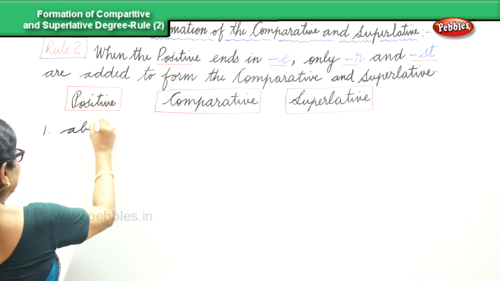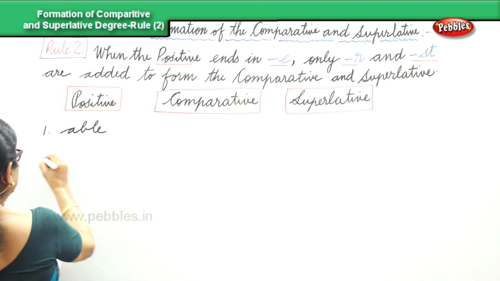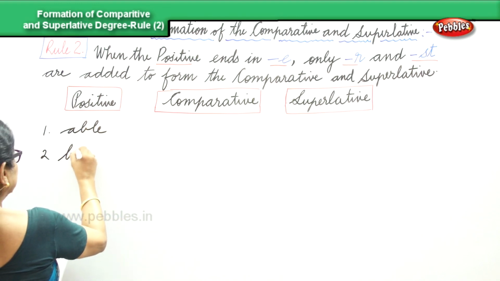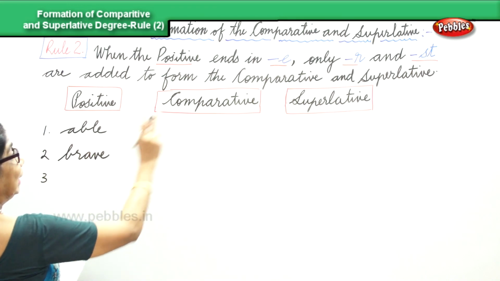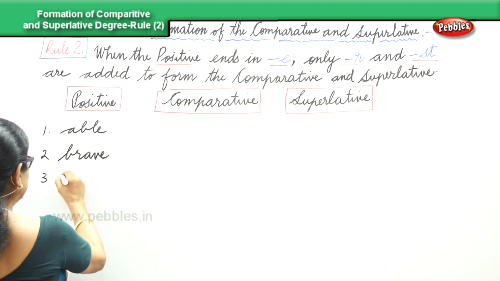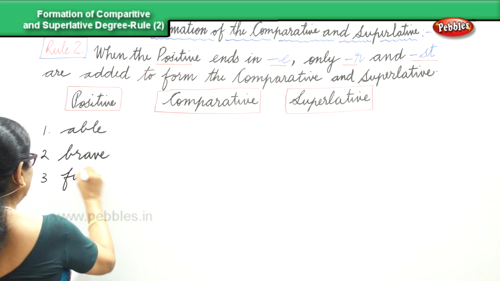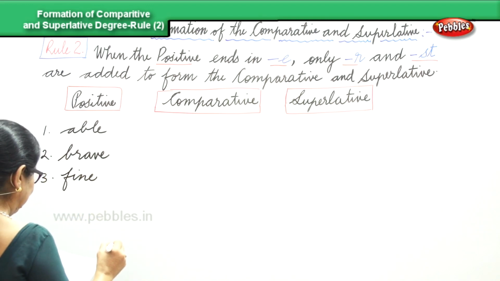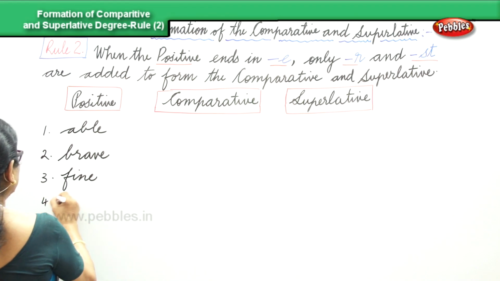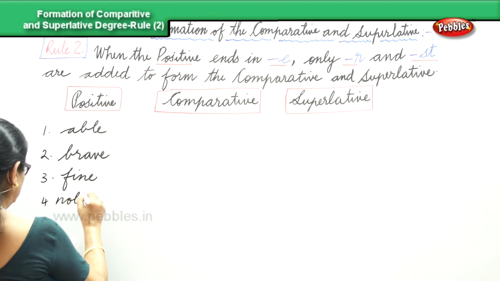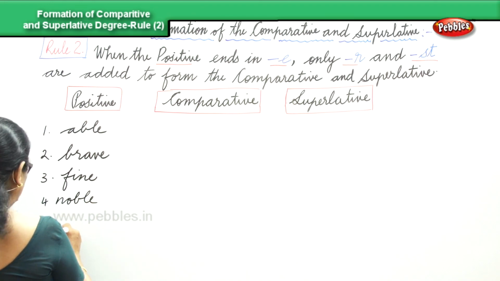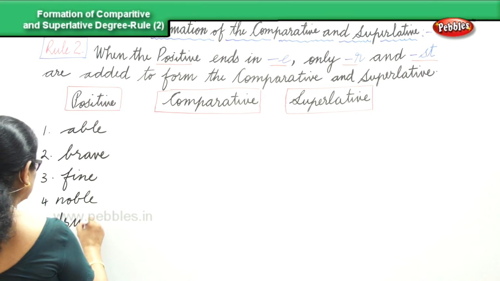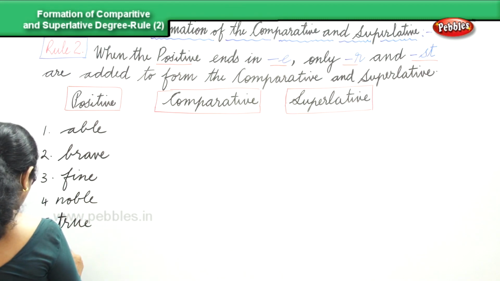Okay, now let's look at the first one I have here: able, brave, fine, noble, true. And finally, we have wise.